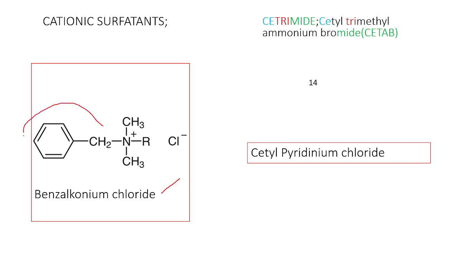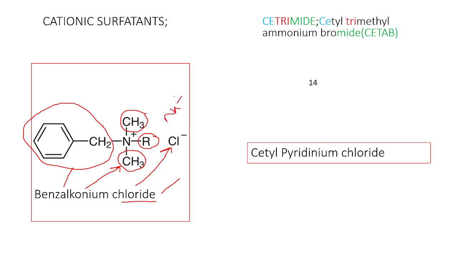See, this is a benzyl moiety, and these are alkyl groups. Hence, benzalkonium: alkyl group along with chloride. If it is a chloride, a negative charge, we need to write it at the last. If it is a positive charge, for example sodium, then we need to write it at the first, before benzene. That is benzalkonium chloride.